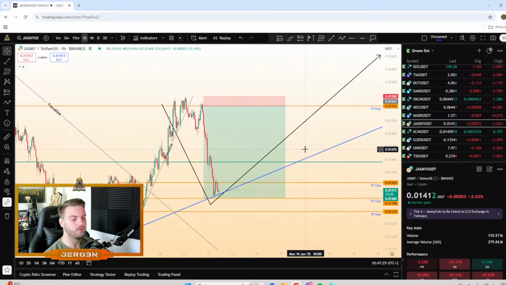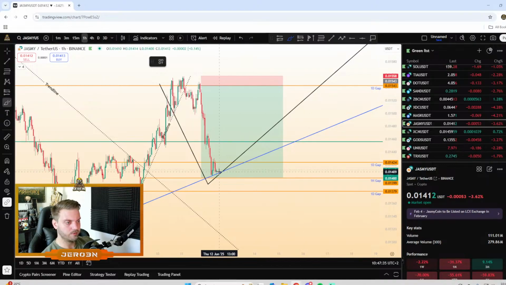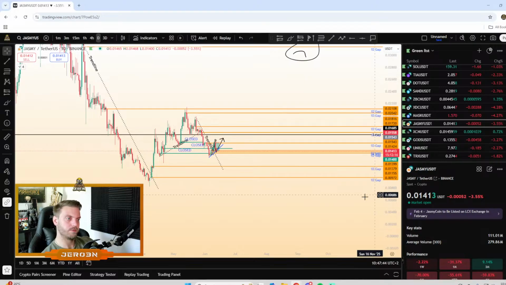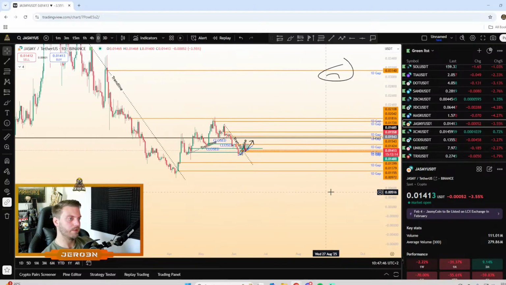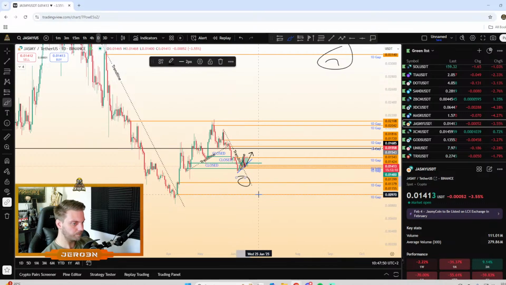Trading is waiting. Don't enter the trade too early, because price has the option to stumble down a bit further. But Jasmy wise, it has the potential on still closing this daily, because we had this trend breakout, retest on the daily, maybe even this one before we can continue.